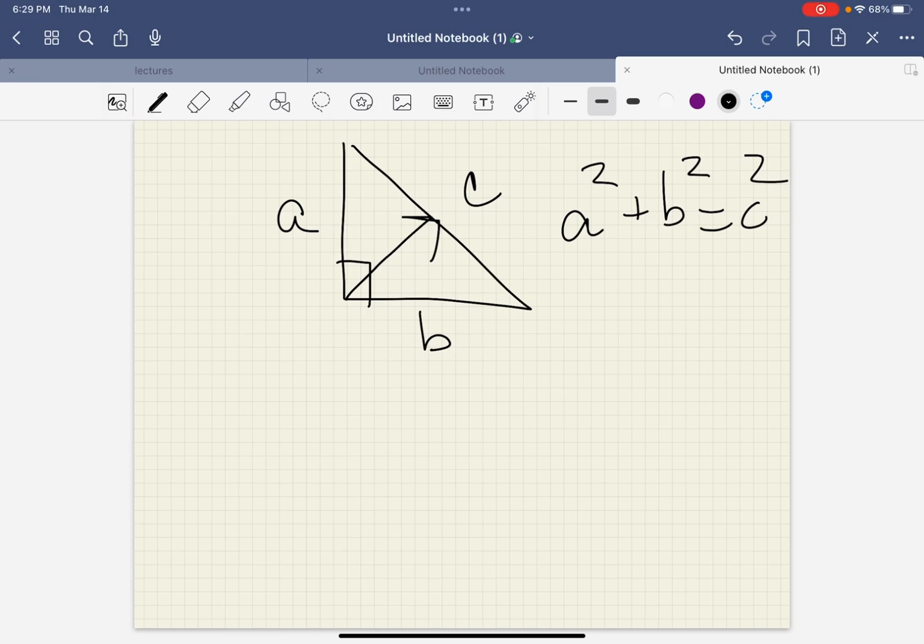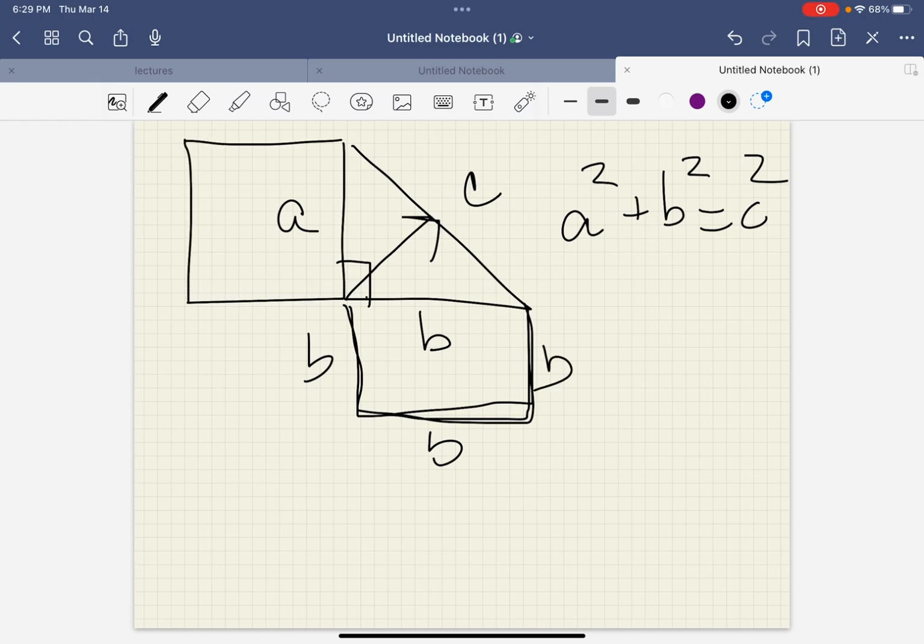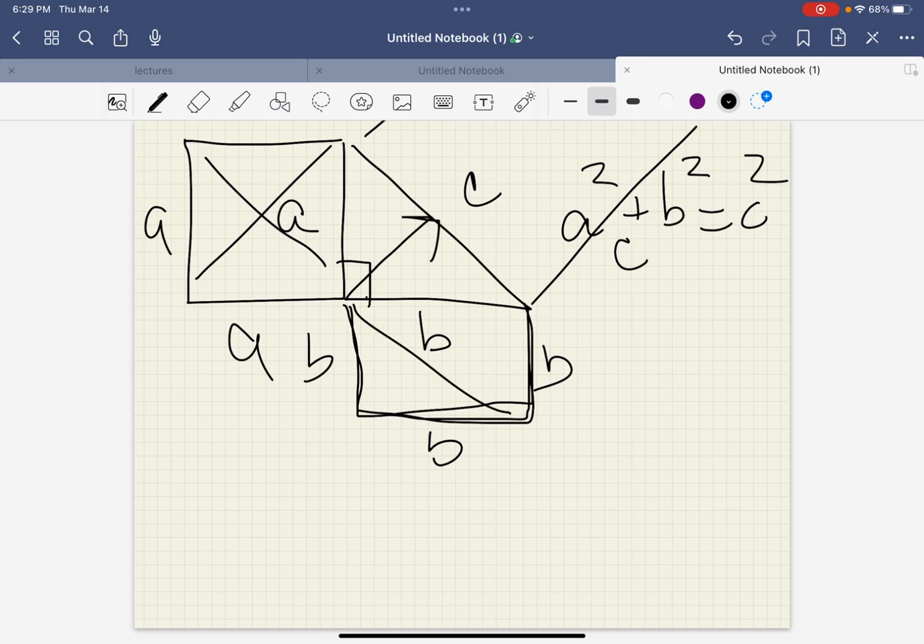Now, without doing an exact drawing here, I want to show you what that means. If you draw a square here that has the length of side B, in other words, all of these would be B. Over here, you draw one that has the length of A. And I can't show you this one because it's going to go off the page, but it would be like that, and this would be C. You count all the little squares in here, count all the little squares in here, add them together.